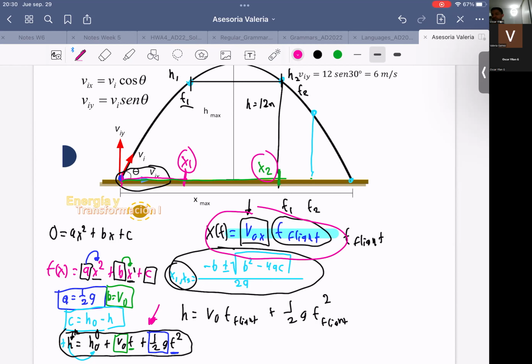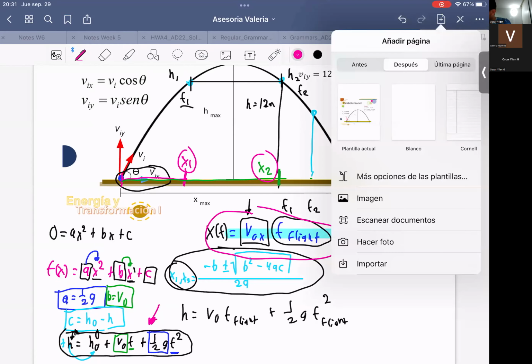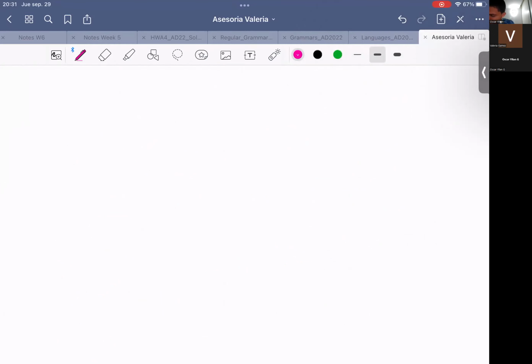Tomorrow, we don't have time right now, but tomorrow I'm going to explain a problem that is more interesting. Let me give you a preview. For example, you have a gun, right? And you know that this gun shoots at 100 meters per second, right?